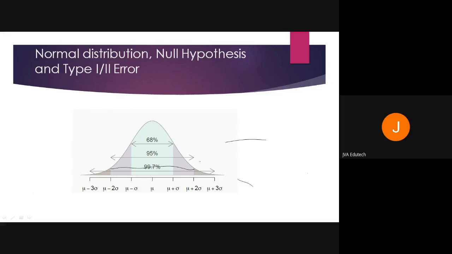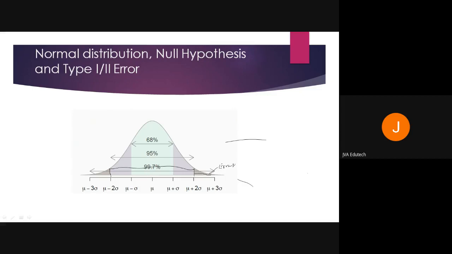And this area is known as the confidence interval, and this area is known as the error zone or error estimate, or you can say the significance level, whatever you can say.